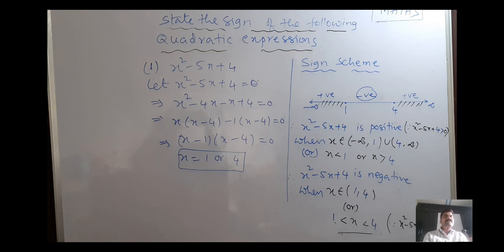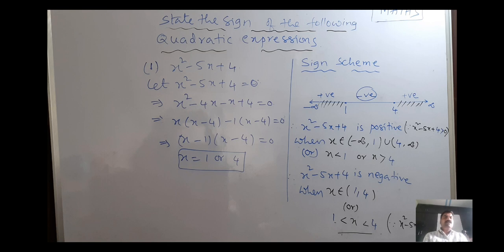First of all, equate it to 0. You can find the roots using the factorization method. If not, use the formula minus b plus or minus square root of b square minus 4ac by 2a. With these two methods, you can find out the roots. For example, here the roots are 1 and 4.